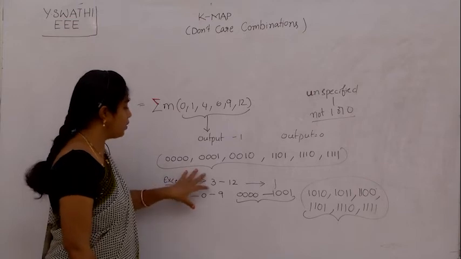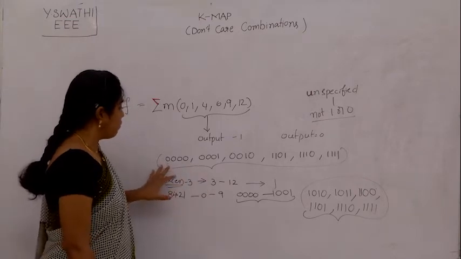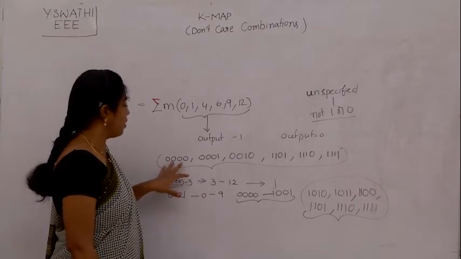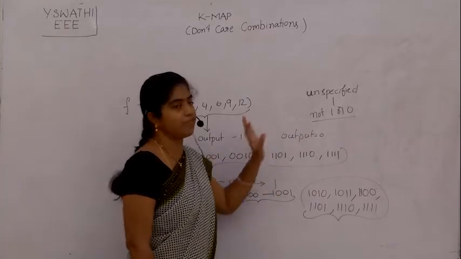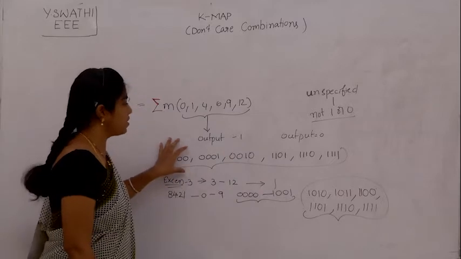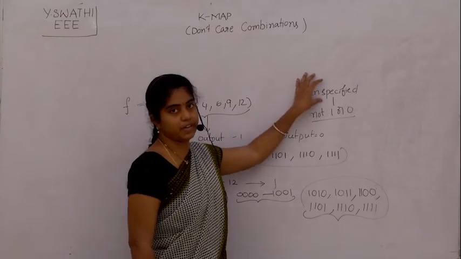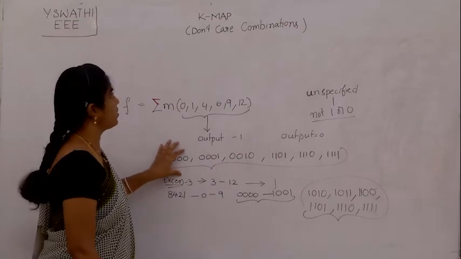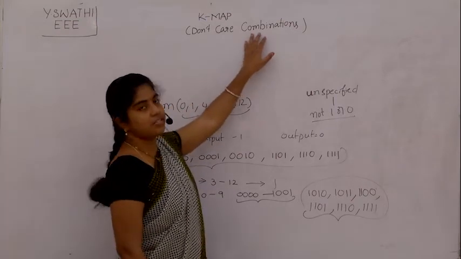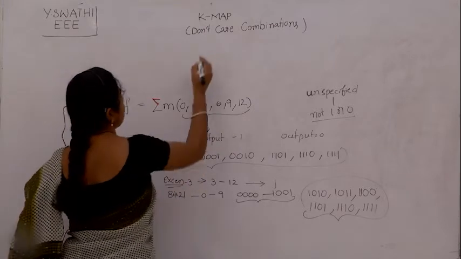So what I am going to say from this is, not every input combination is going to give a specific output. For some combinations the output is unspecified. Those input combinations are called don't care combinations or optional combinations.